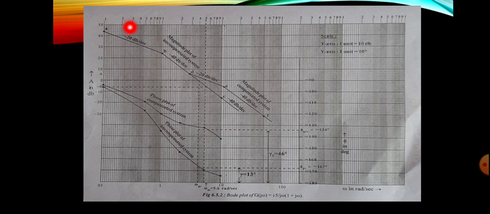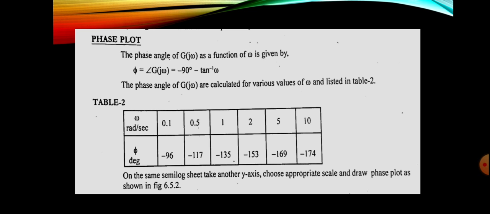This is 0.1, 0.2, 0.3, 0.4, 0.5, like that. 0.5 corresponds to the fifth one, so you can mark 0.5 here.